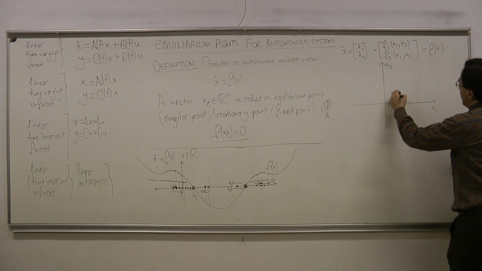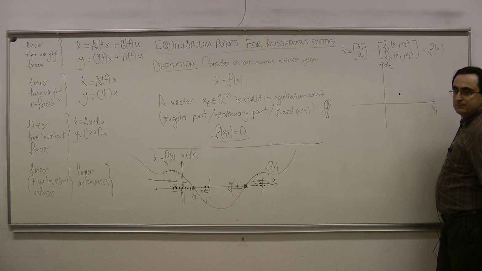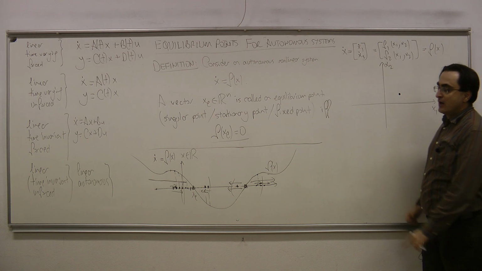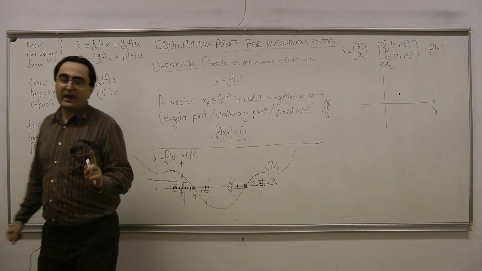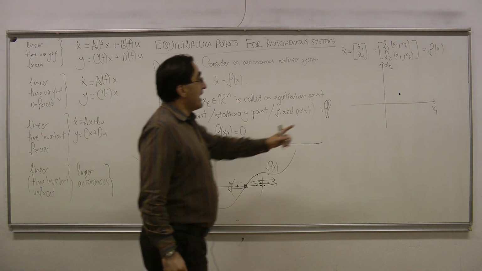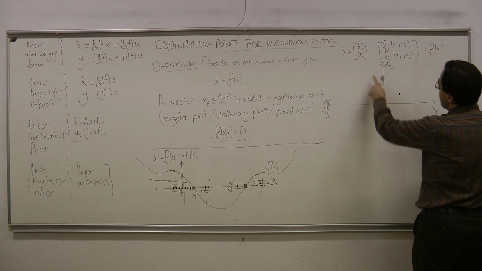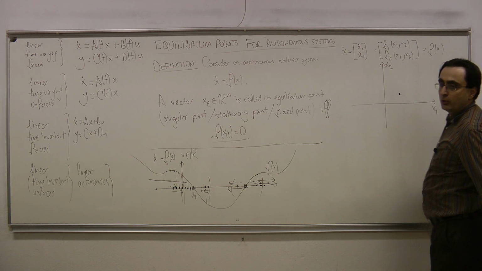So suppose that I start the system here. All right? Then what is x dot? x dot is the rate of change of the vector x. Okay? x1 dot is the rate of change of the x1 component, and x2 dot is the rate of change of the x2 component.